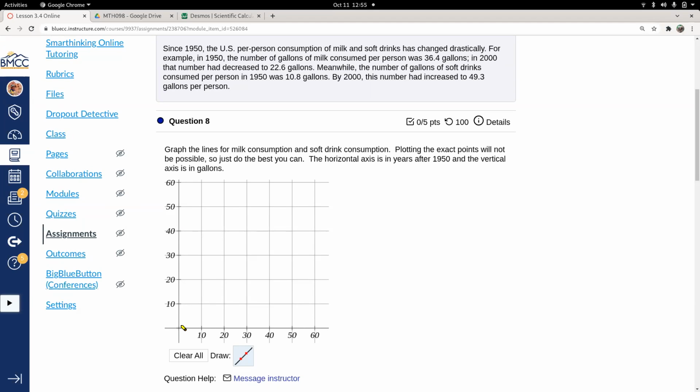Okay, good to know. So if I were to try and graph the first one for milk, in 1950, milk was 36.4. So that's 30, that's 40, 35 is in the middle, 36.4 is just going to be a little higher, maybe right around there. And then in 50 years later, in 2000, it is 22.6.